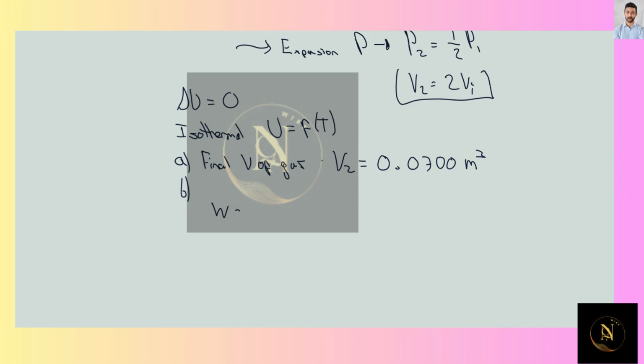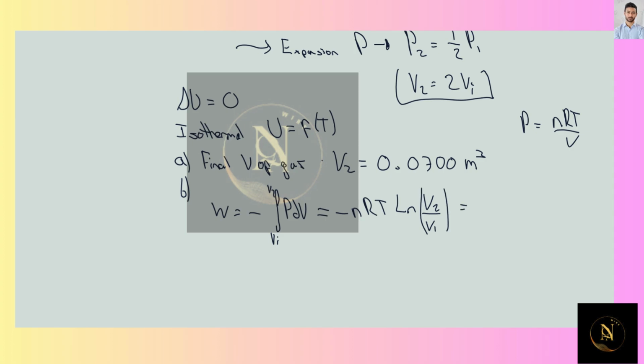For B, we need to find the work done by the gas. The work is given by minus the integral from initial volume to final volume of P dV. Replacing the pressure with the ideal gas law, nRT divided by V, this is equal to minus nRT ln of final volume over initial volume.